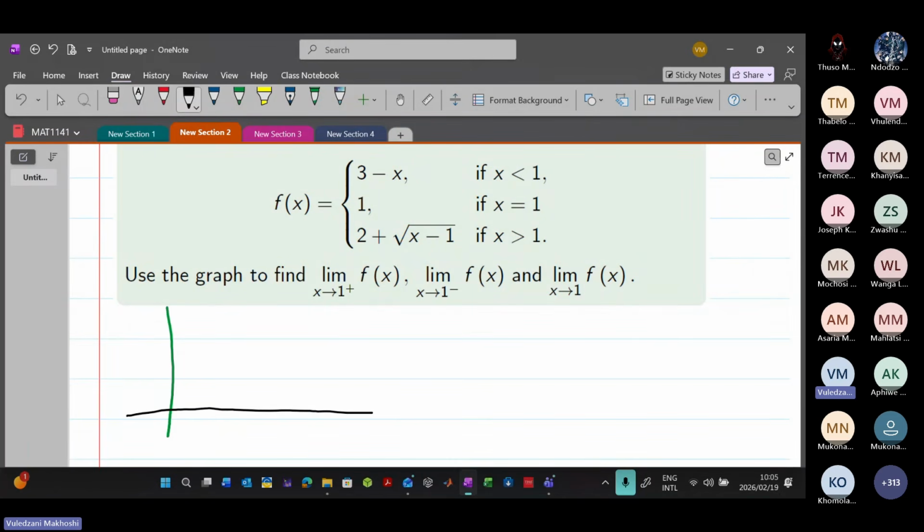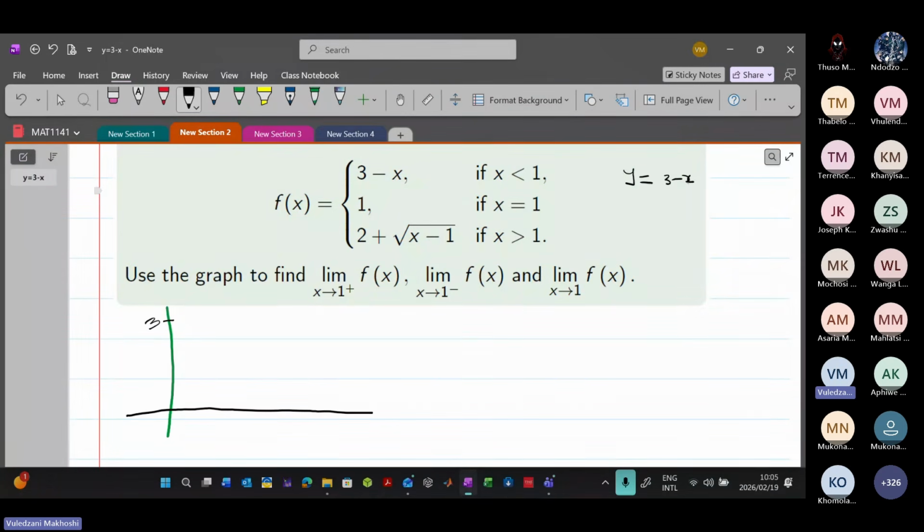And then the first one, this equation is just like saying we want to draw the graph of y equal to 3 minus x. And we will observe that when x is 0, y will be 3. So if I put a 3 here, then that is the y-intercept.